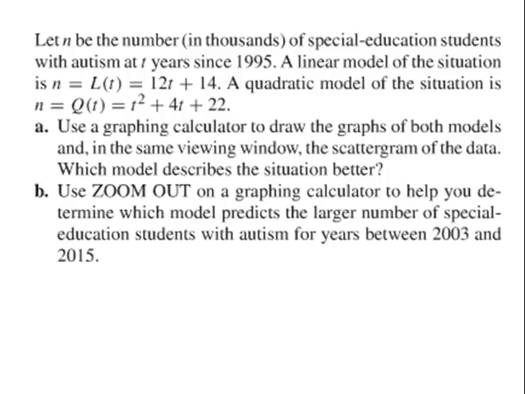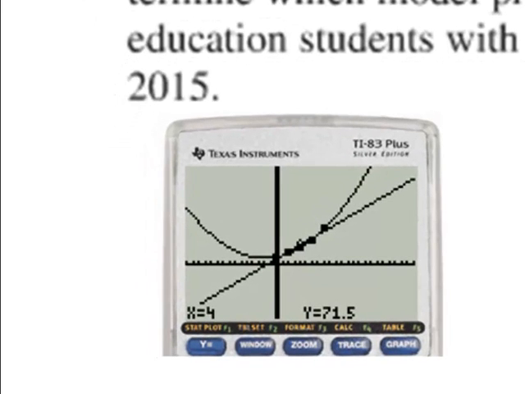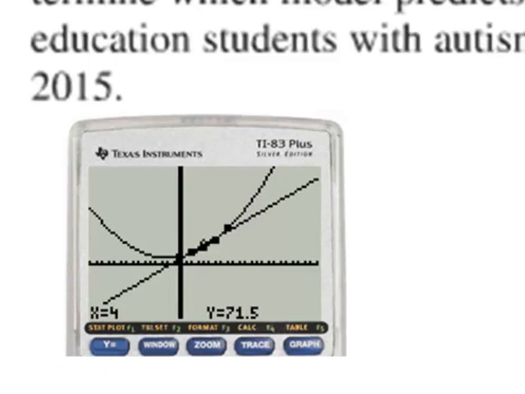B. Use the zoom out on the graphing calculator to help you determine which model predicts the larger number of special education students with autism for the years between 2003 and 2015. Using the zoom out, we see that the quadratic will predict the larger number of special ed students.